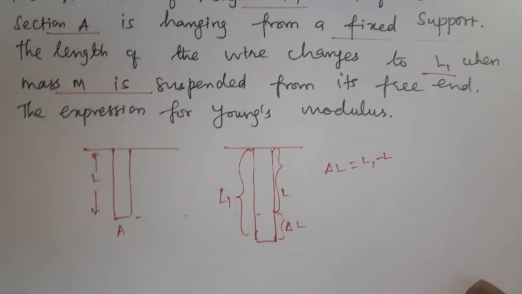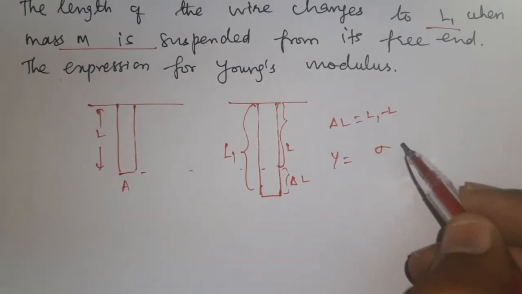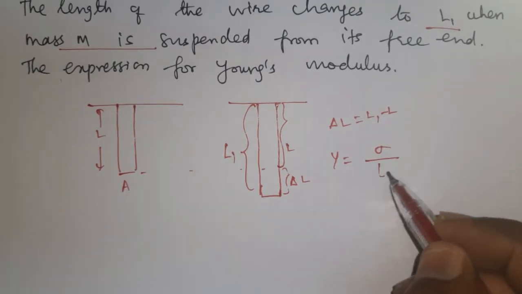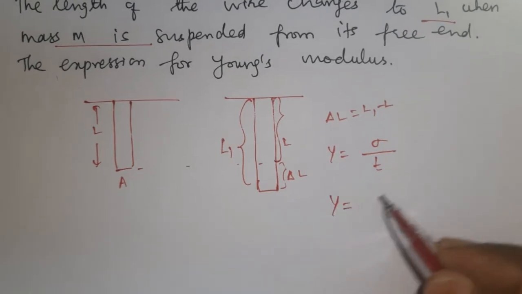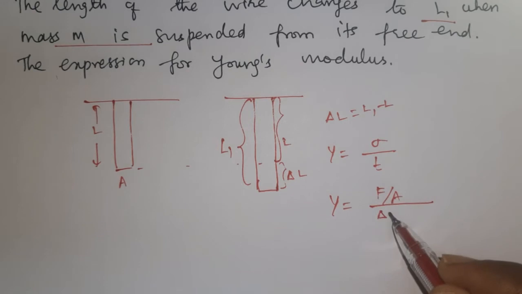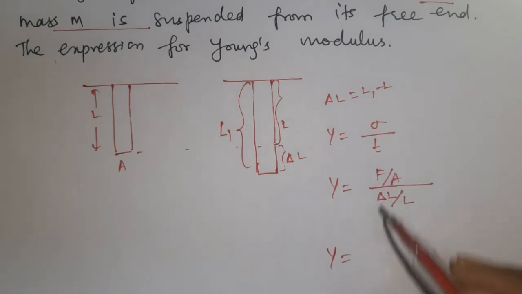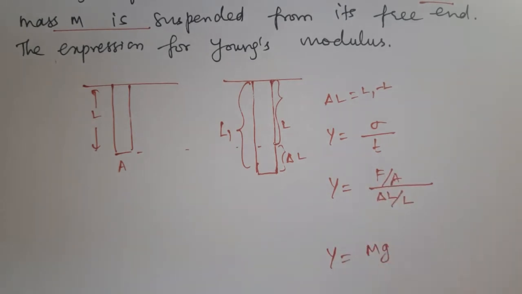We know that Young's modulus expression Y is equal to stress by strain. So stress is sigma, and you can take T as strain. Y is equal to force per area divided by change in dimension by original dimension. Here change in length by original length. Now Y is equal, force formula is mg. According to the given options we are converting that.